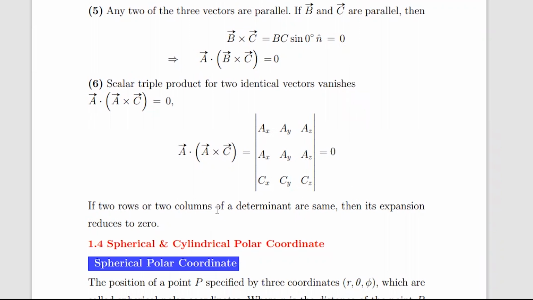Again, if two rows or two columns of a determinant are the same, this is the fundamental rule of mathematics in determinant methods: if either two rows or two columns are the same, then this will give a zero resultant. Here you can also see two rows are the same, the first two rows, and that is why the resultant is zero.